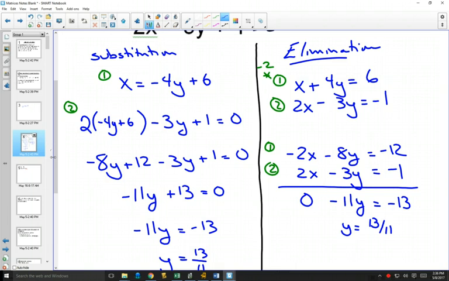Then once you get 13 over 11, dot, dot, dot, you can get 14 over 11 as well. Same way that you just substitute that 13/11 into equation 1 or into equation 2. Both are good techniques.